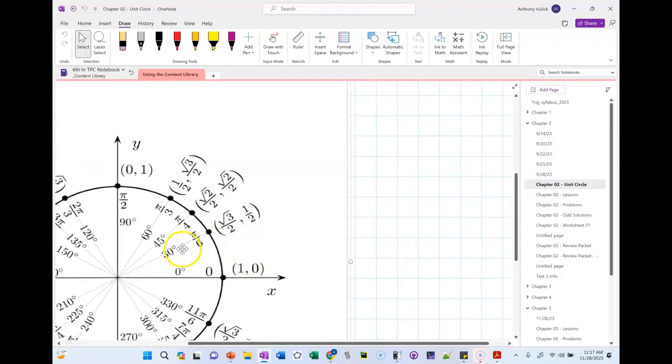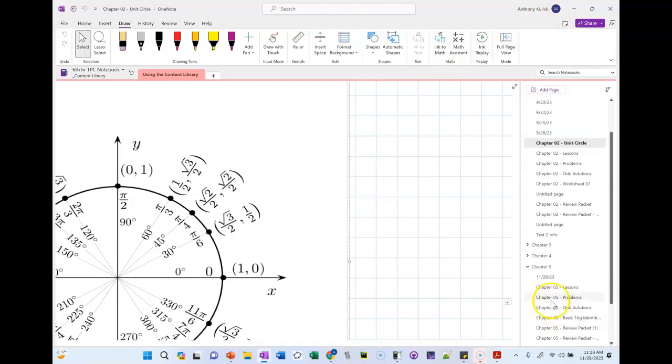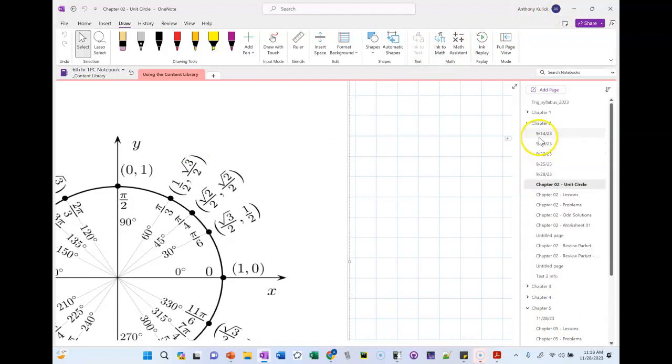Have you ever noticed how like sine of 30, which is 1/2, is the same thing as cosine of 60, also 1/2? And that happens kind of all the time, right?